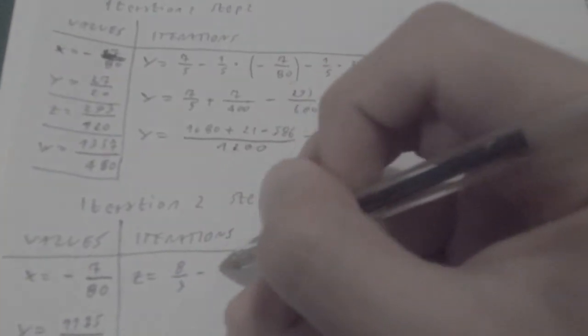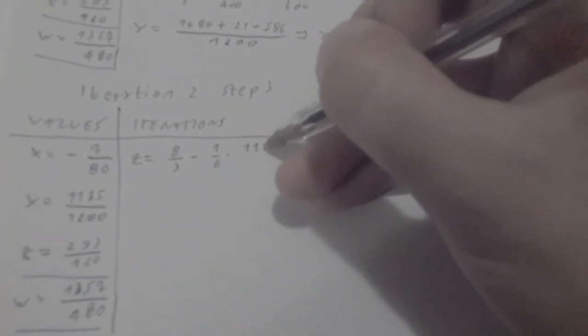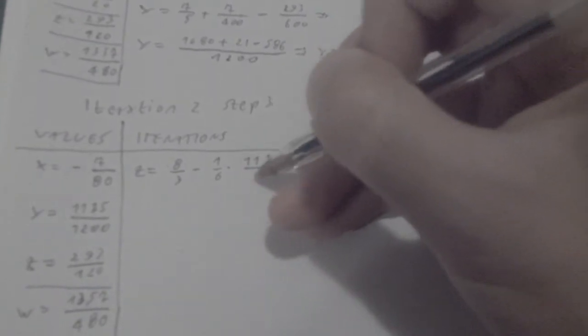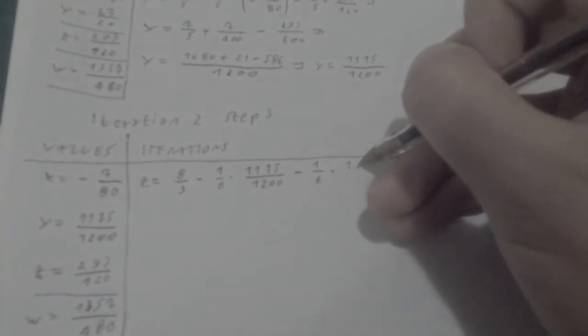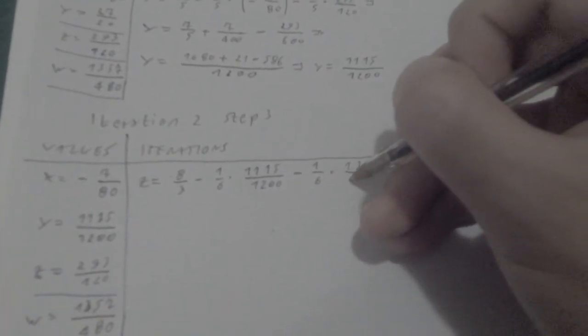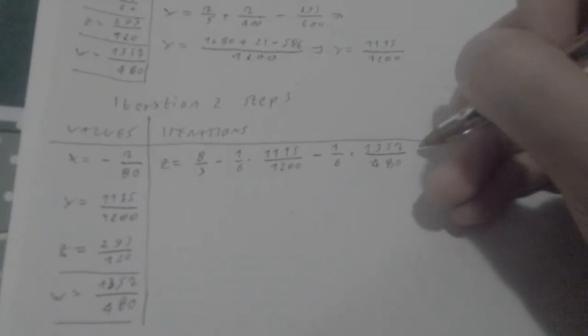So 8 over 3 scalar minus 1 over 6 times y minus 1 over 6 times w. So Z is actually equal to 8 over 3 minus 1 over 6 times 1115 over 1200, which is our best estimation for y, minus 1 over 6 times 1357 over 480, which is our best estimation for w so far.